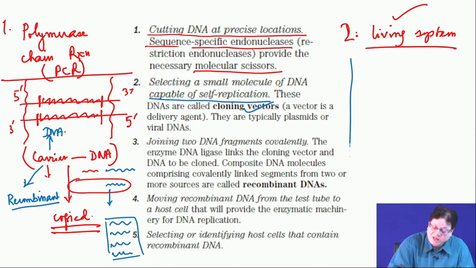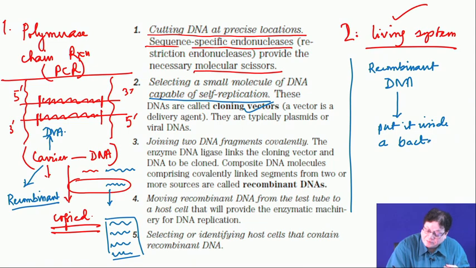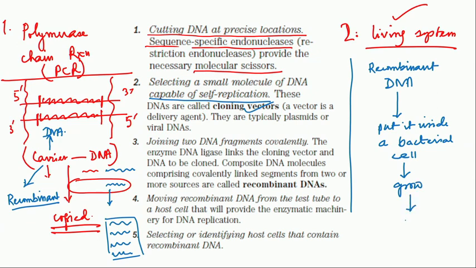So, I can now say that first you have the recombinant DNA containing your DNA of interest, put it inside a bacterial cell, grow, isolate the recombinant DNA, and then endonuclease will give you the DNA of interest.